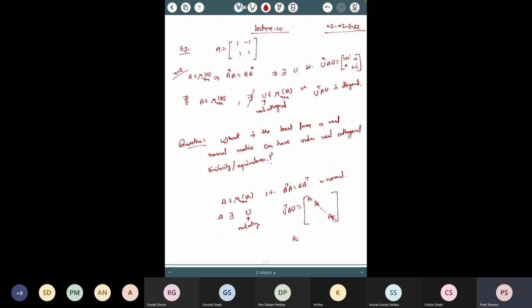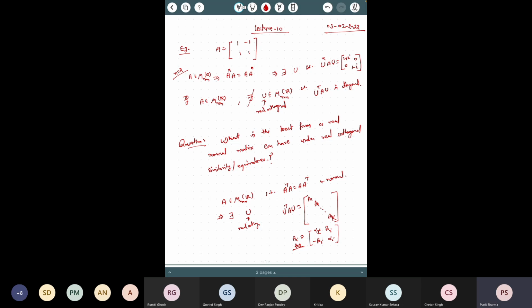In particular, these blocks should have a special form: if the eigenvalues of this 2 cross 2 block are the complex conjugates of each other, then the block should have this kind of form: alpha, beta, minus beta, alpha.